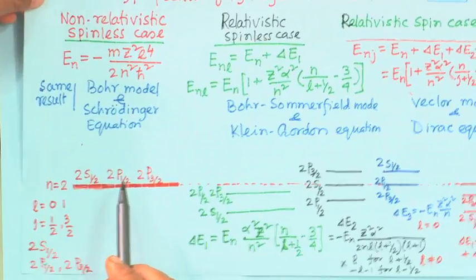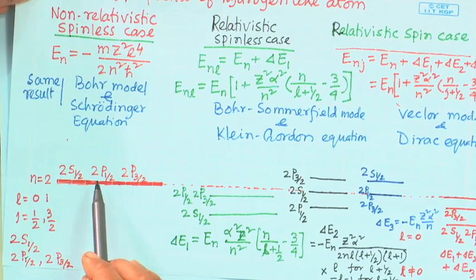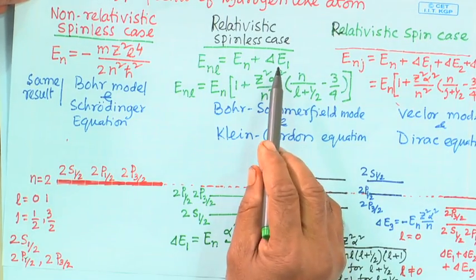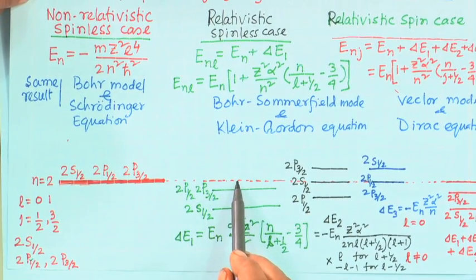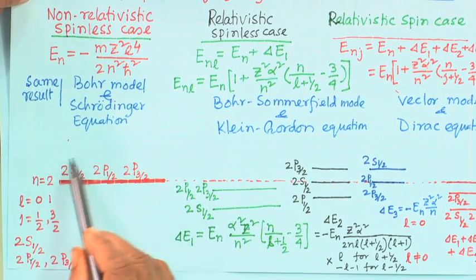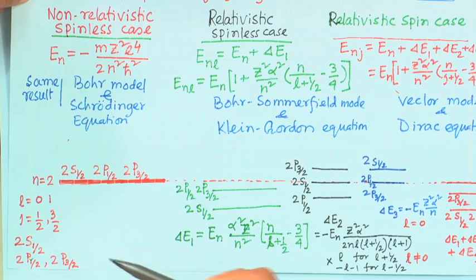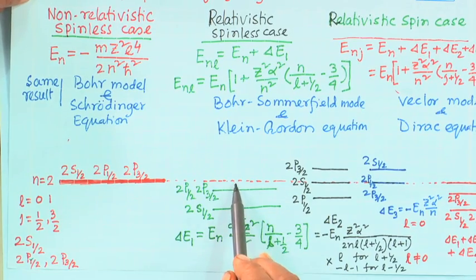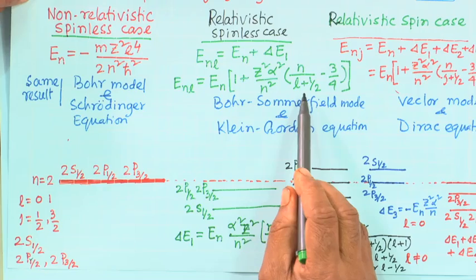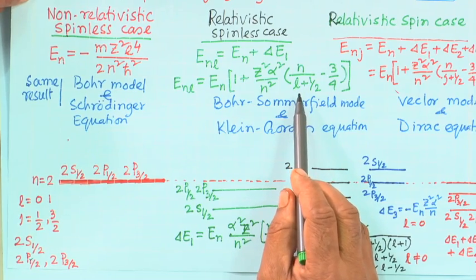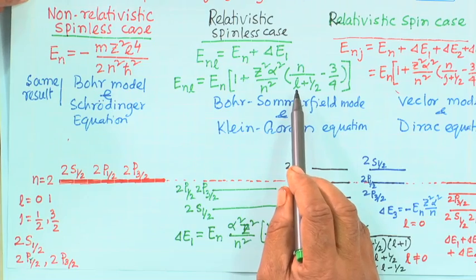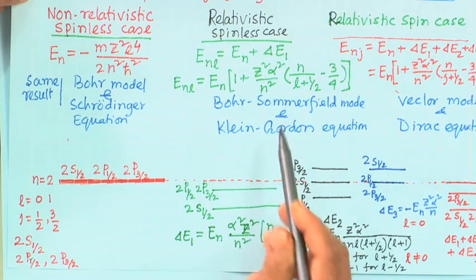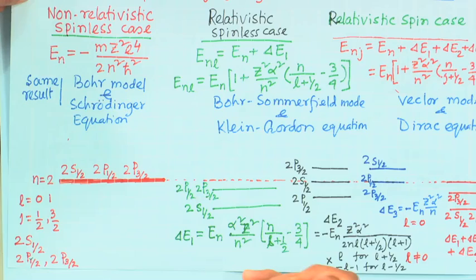Now, if you include the relativistic correction, the degeneracy will be removed. They were degenerate with the same energy, but now the degeneracy is removed. However, in this correction term, you can see it does not depend on J, it depends only on L. So, it will consider S and P, it will not differentiate P half and P 3 by 2.